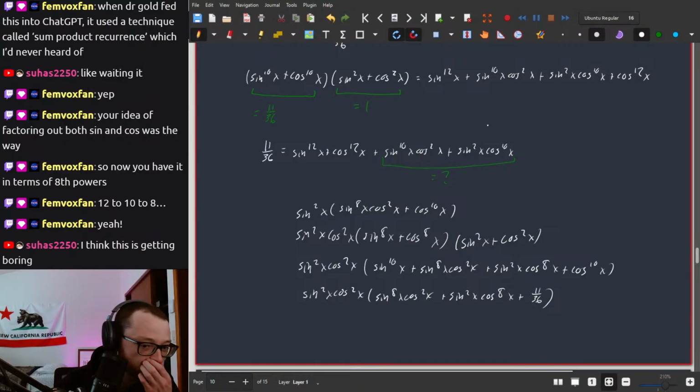11 over 36? I mean, if I want to repeat the process, I need to multiply the 11 over 36 by the sine squared cosine squared, which I guess we can do.